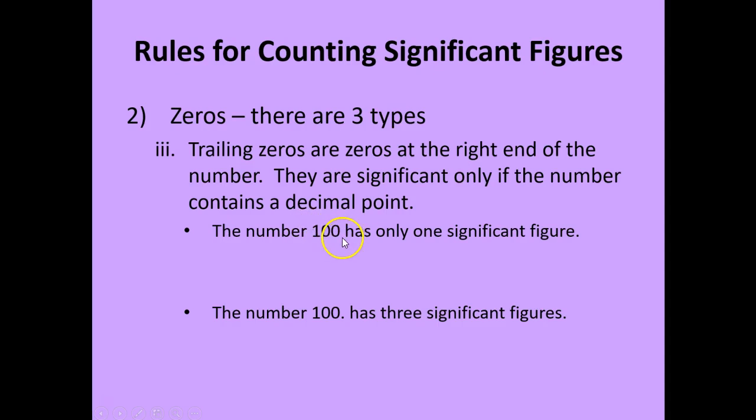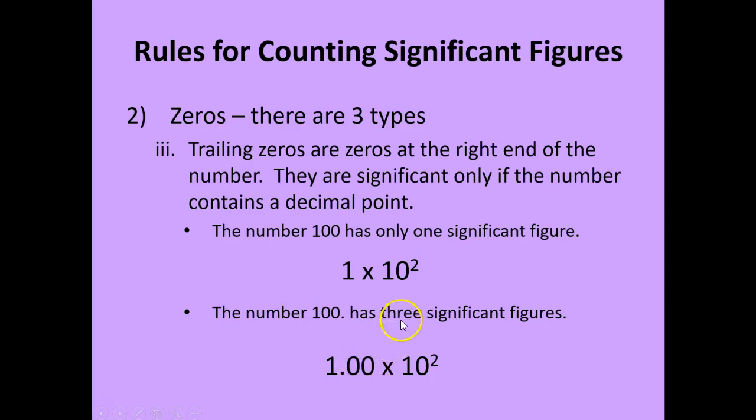There's 100, and that's the end of it, and then there's 100 with a decimal point. By convention, the fact that there is a decimal point there is telling you that all the trailing zeros are significant. So that top number only has 1 significant digit, and we can write that in scientific notation as 1 times 10 to the second. The bottom number has 3 significant figures, and so because these zeros are significant, we would write it in scientific notation as 1.00 times 10 to the second.